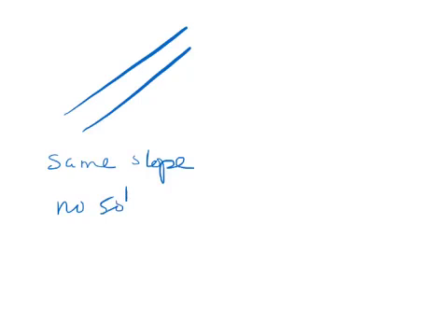Lines are parallel. What do we know? They have what kind of a solution? Same slope, and there's no solution to the equations. When two lines intersect once, this point of intersection is the one solution.